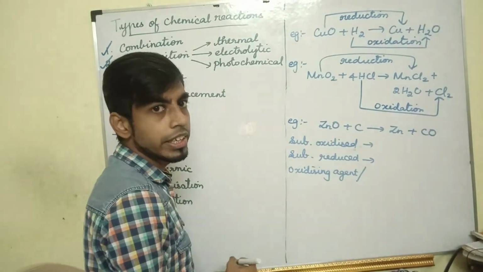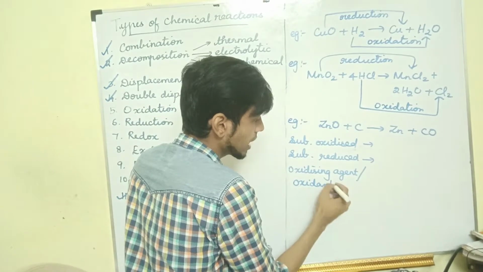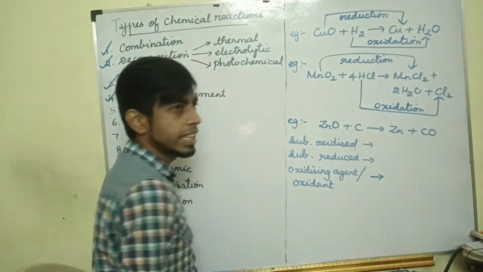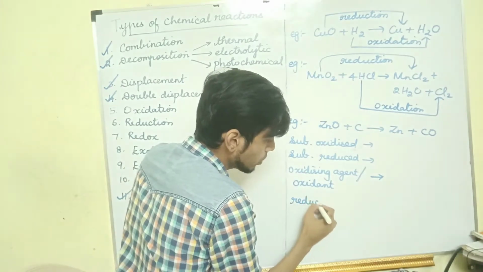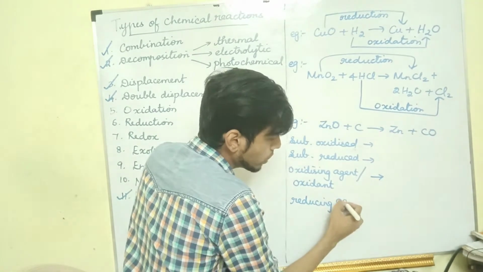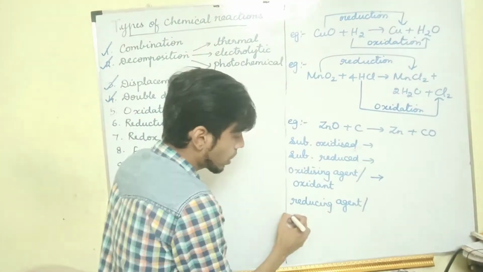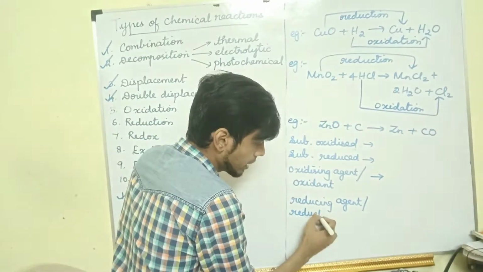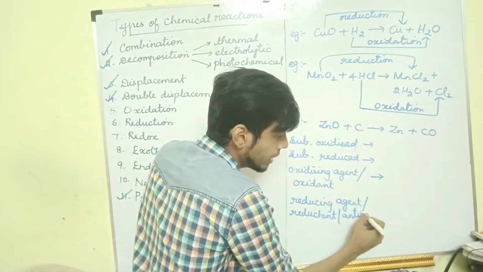Oxidizing agent is also called oxidant. What is the other name for oxidizing agent? Oxidant. Okay, or they will ask you which is your reducing agent. Reducing agent is also called reductant, or it is also called antioxidant.